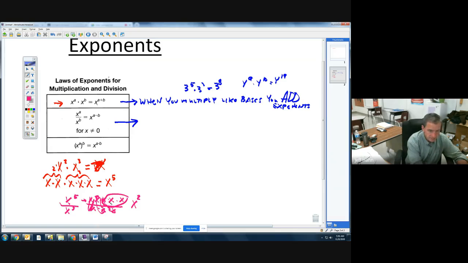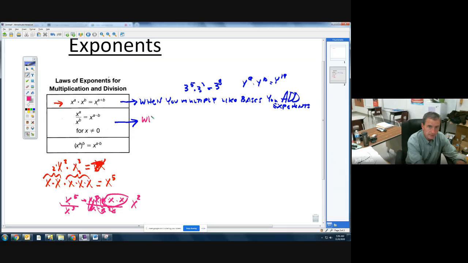Maybe you picked up on this before, because division is really the opposite of multiplication. If when you multiply, you add those exponents together, when you divide, you subtract, which is what it shows right there. So let's write that in here.